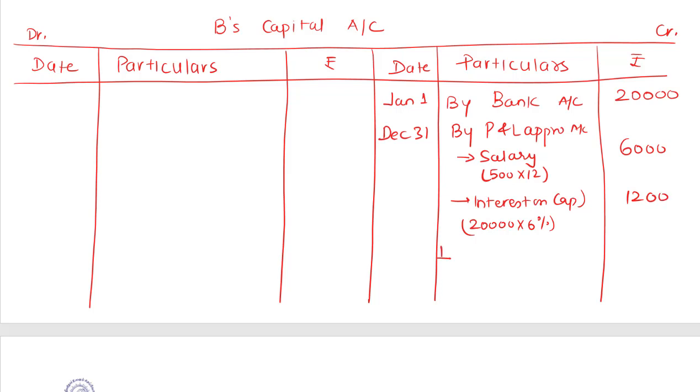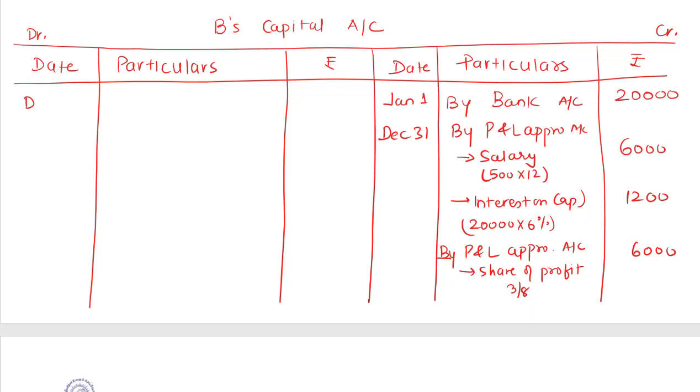Share of profit by profit and loss appropriation account is 6,000, we have calculated 6,000, 3 by 8.